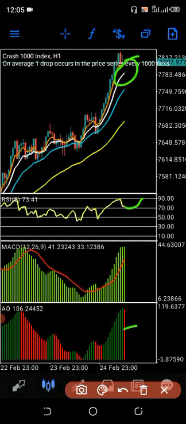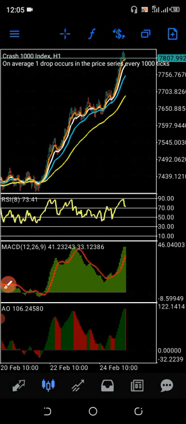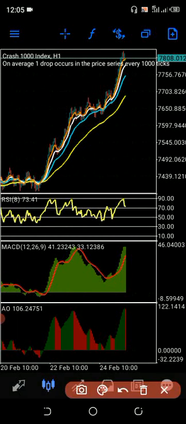Now, how and when do you plan to do scalping again? Not now, because the market is now on divergence. Your scalping starts here. You wait as long as you can.